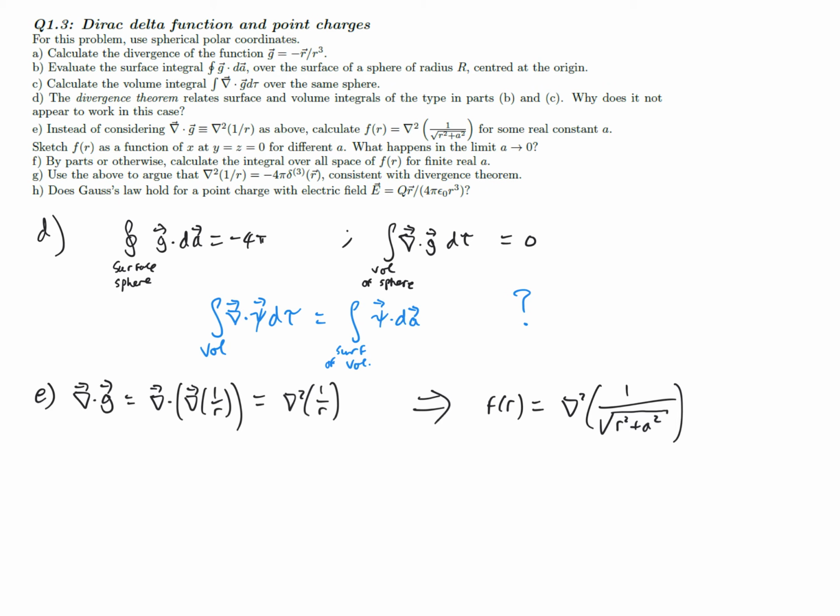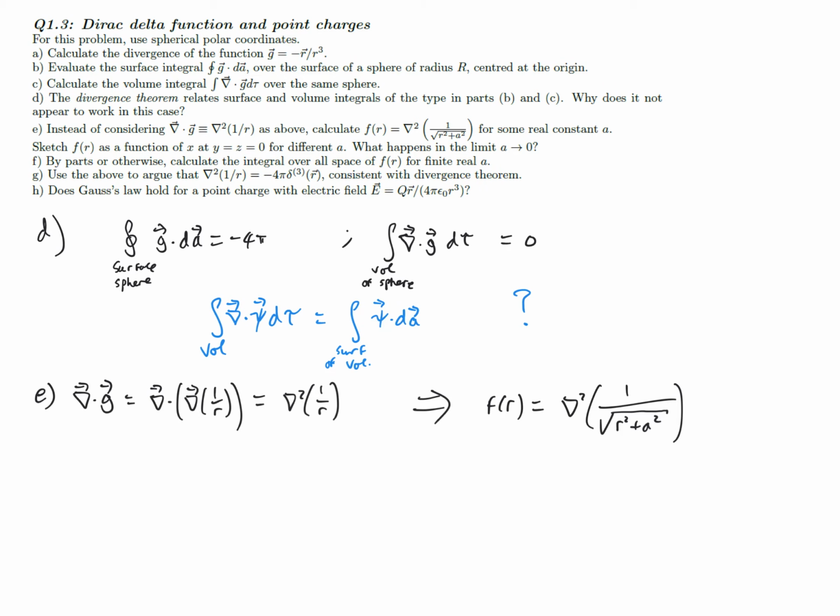To be able to plot this function, we're going to have to actually calculate the Laplacian of this thing. We can see that it depends on the radial distance r only, and so again, the prudent choice would be to use spherical polar coordinates. So we need to know the representation of the Laplacian in spherical polar coordinates.